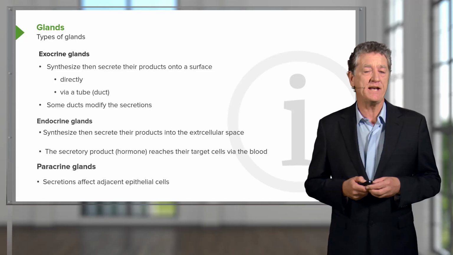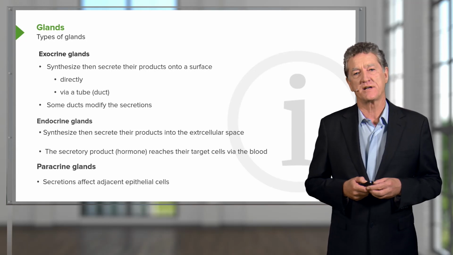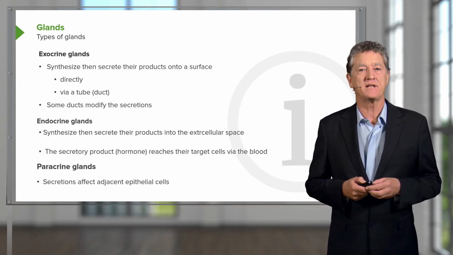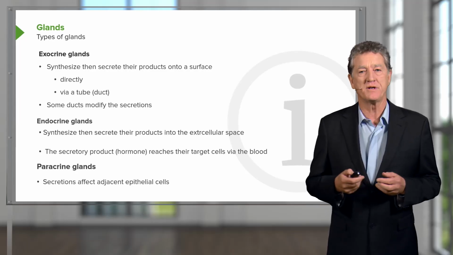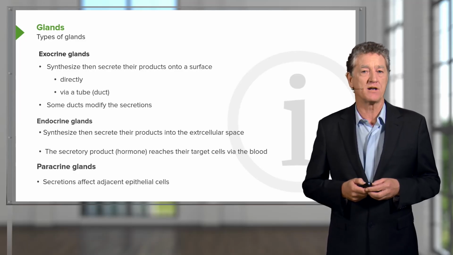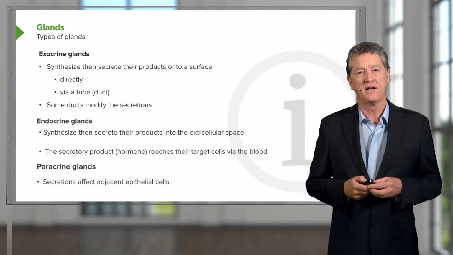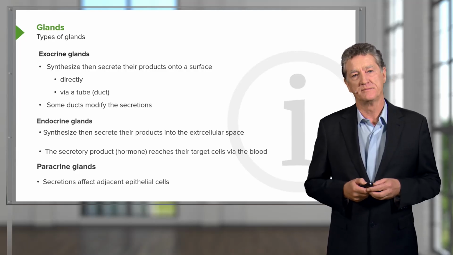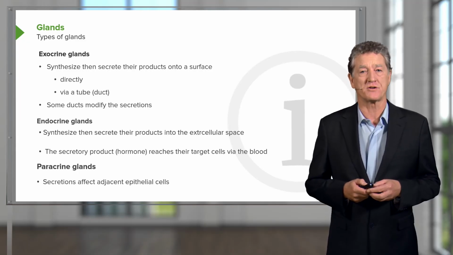There are also endocrine glands. These are glands that synthesize their products, but then they secrete them into the extracellular space around the glands. Because during development, when the epithelium invaginated into underlying connective tissue, the connection between the surface of the epithelium and the secretory invaginated epithelial cells is lost.